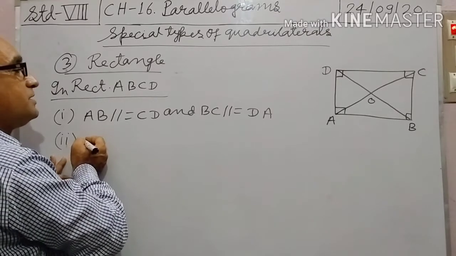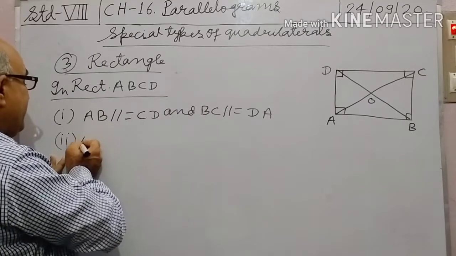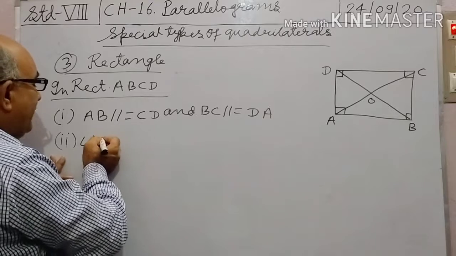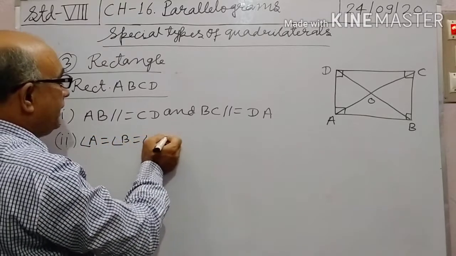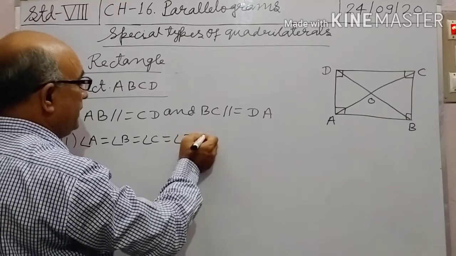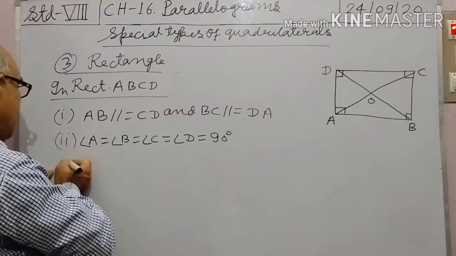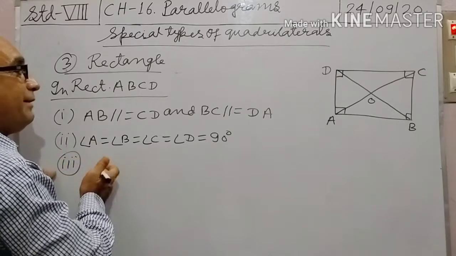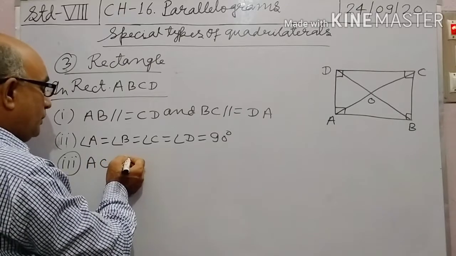Second property: in a rectangle, opposite angles are equal, but here all angles are equal. Angle A equal to angle B equal to angle C equal to angle D equal to 90 degrees. Third, diagonals are equal, so AC equal to BD.